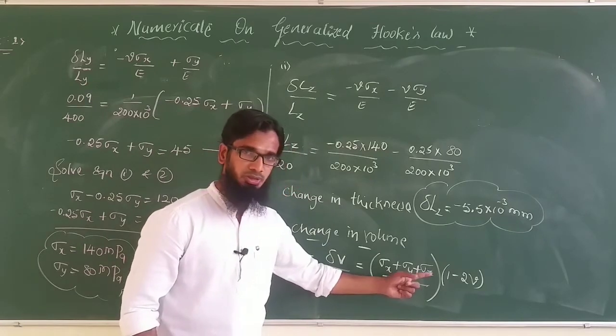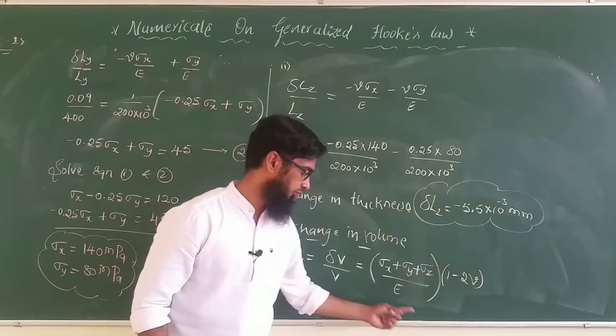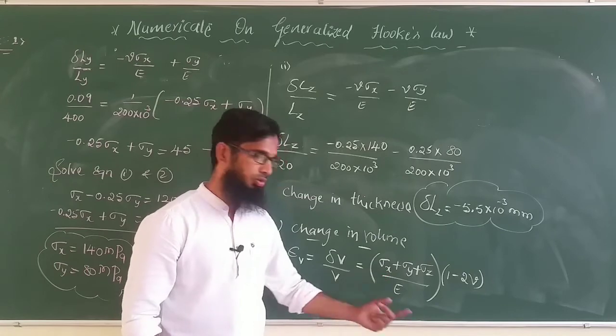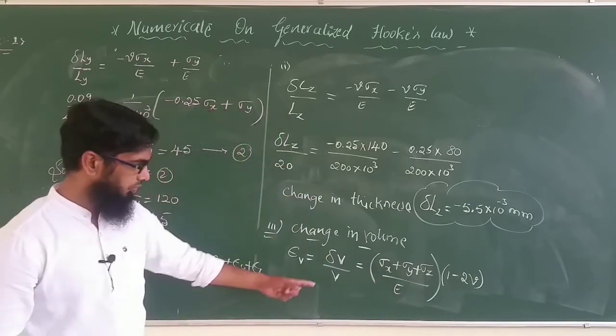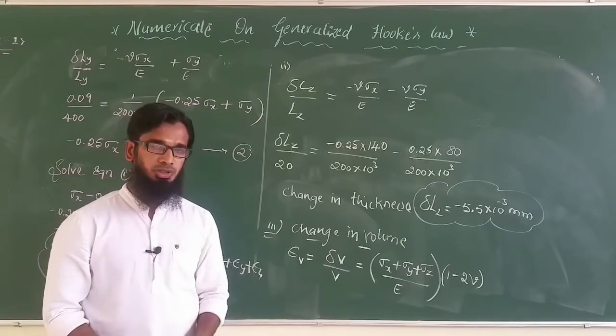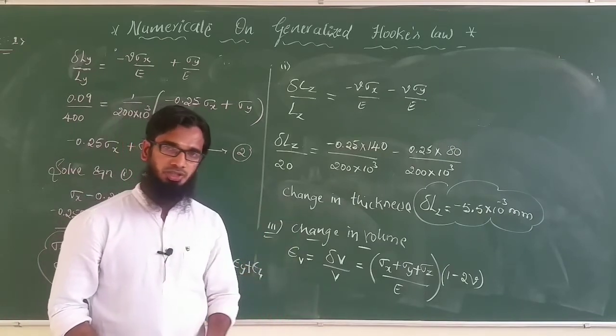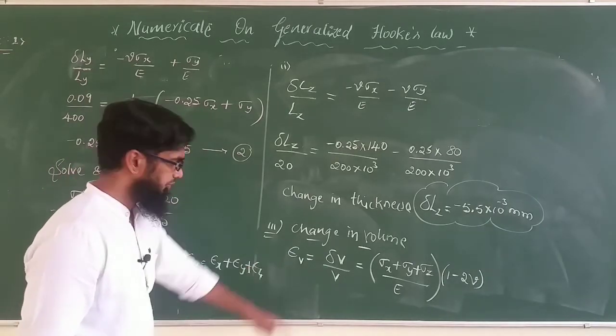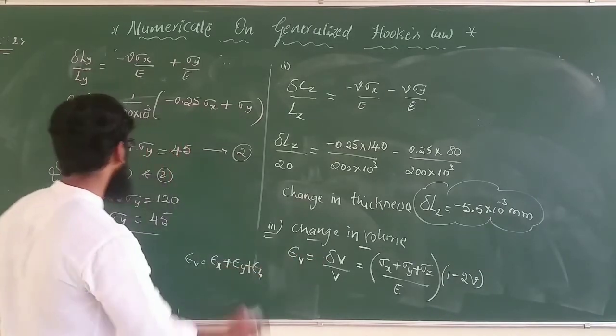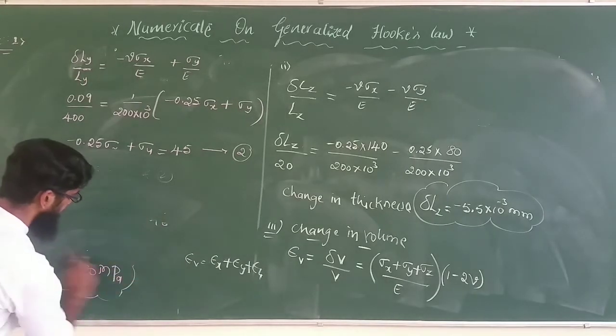So sigma z becomes 0, Poisson's ratio 0.25, Young's modulus we can substitute. Sigma x is equal to 140 megapascal, sigma y is 80 megapascal. Here the volume we have to find out, because the dimensions of the plate are given, so we can calculate the volume. The remaining unknown part is the change in volume only. So I'll just calculate here.